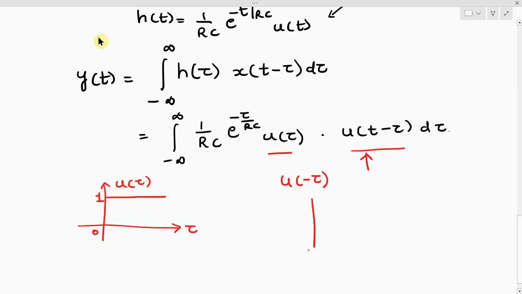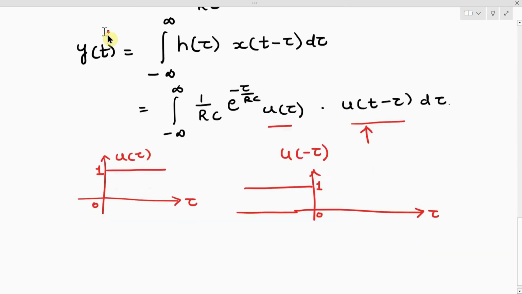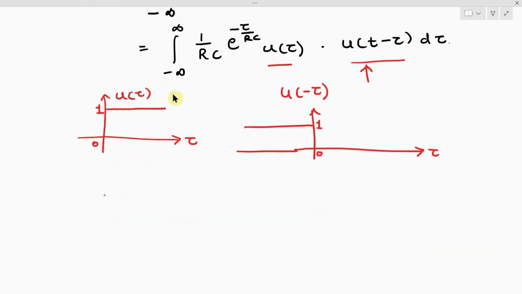So what is u of minus tau? Is it the time reversed version? Yes, sir. So u of minus tau is the time reversed version of u of tau. Right. Then I have a question now. If I perform x of t minus 1, this is representing delay. What is the direction of shift, right or left?